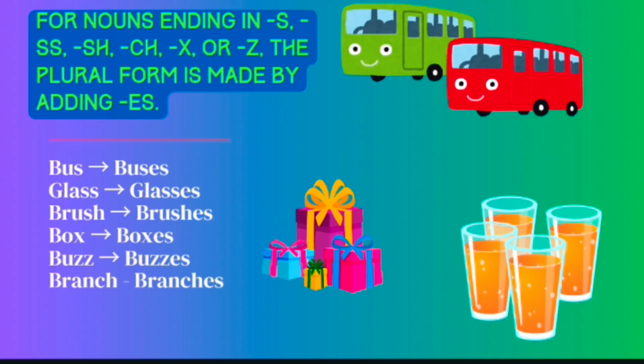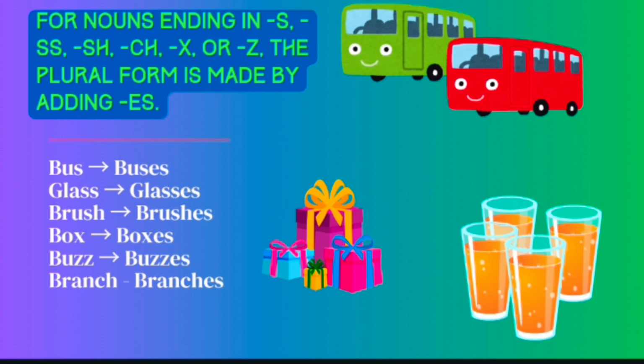The next one is for nouns ending in s, ss, sh, ch, x or z, the plural form is made by adding es. Now, given below are a few words that end with exactly the letters mentioned in this rule. The first word ends with s, that is bus.